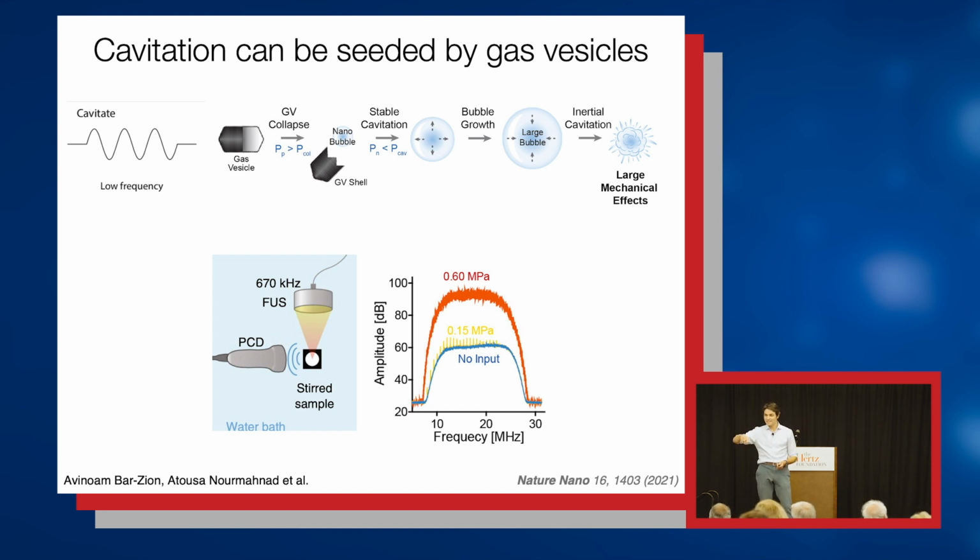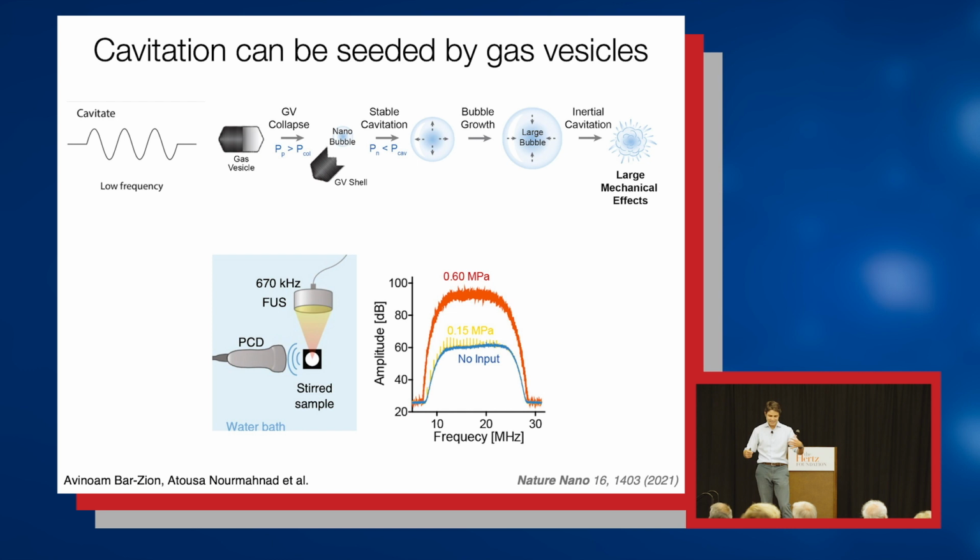But if you apply sustained ultrasound, what happens is that the negative pressure part of the ultrasound cycle will cause that little nanobubble to expand and contract, expand and contract. And as that happens, neighboring nanobubbles experience an attraction force towards each other because of each other's acoustic field that they're generating and coalesce into a larger bubble that then can undergo this inertial cavitation and produce strong mechanical effects.